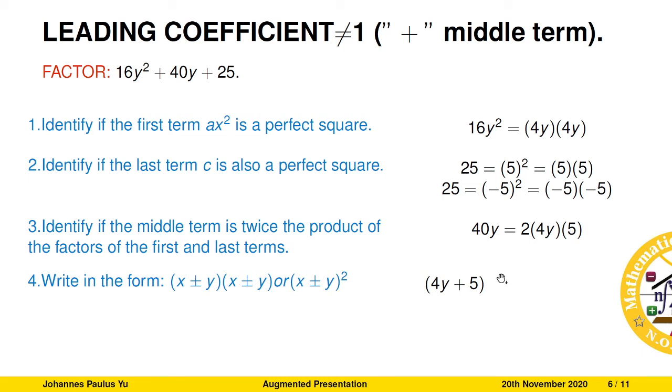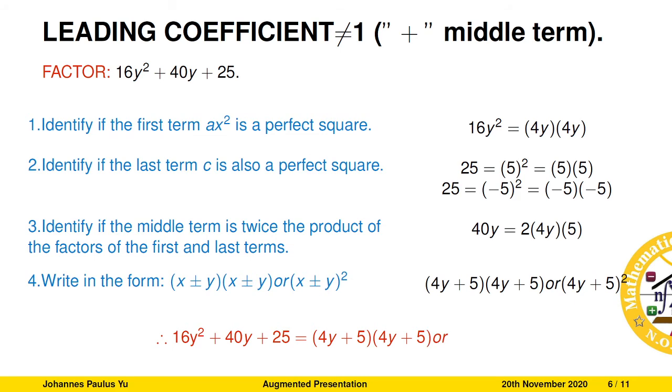The quantity of 4y plus 5 times another quantity of 4y plus 5, or 4y plus 5 quantity squared. Now, to answer finally the question, factor 16y squared plus 40y plus 25, the answer will be the quantity of 4y plus 5 times the quantity of 4y plus 5, or 4y plus 5 quantity squared. So, mao na siya.